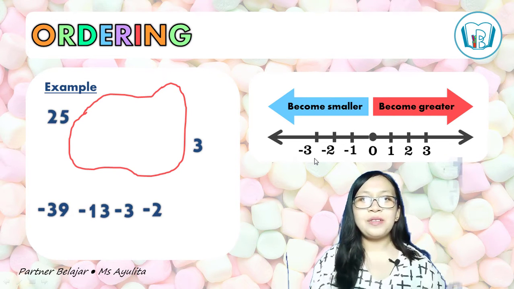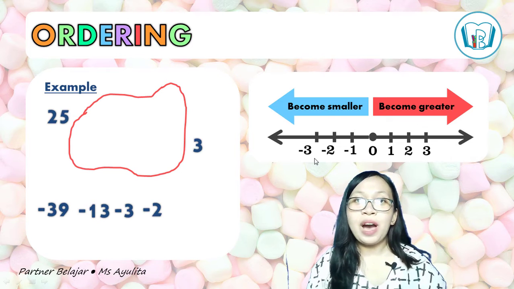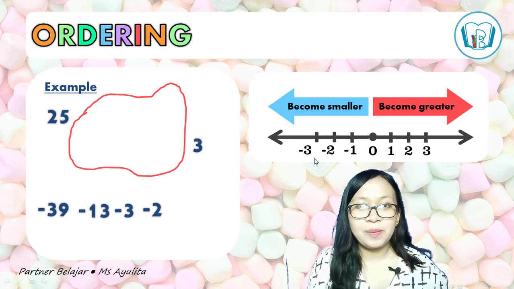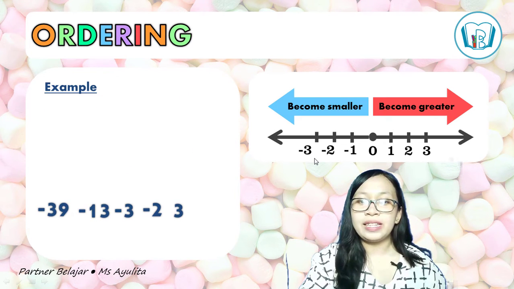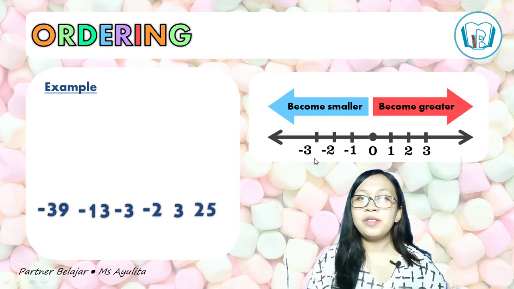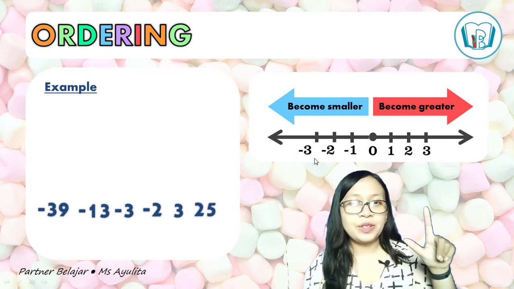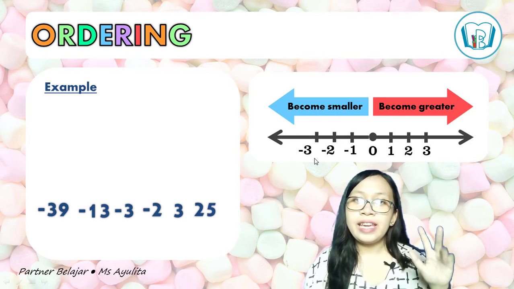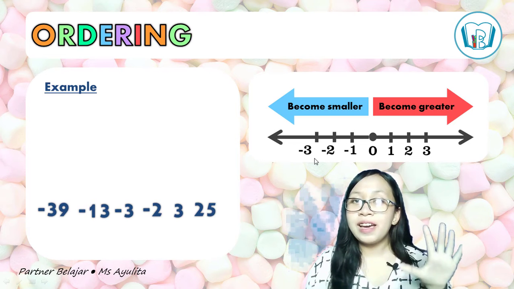And then we have negative 2. Now, the positive ones, it's quite easy, right? Yep, we know how to compare the positive numbers. So then 3 and 25. So if we order the numbers from the smallest, it will be negative 39, negative 13, negative 3, negative 2, 3, and 25.